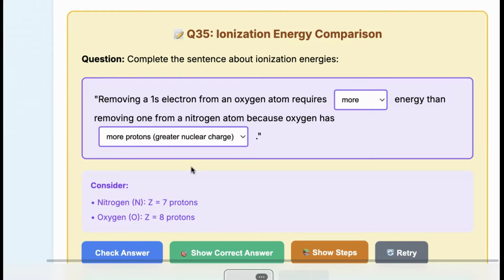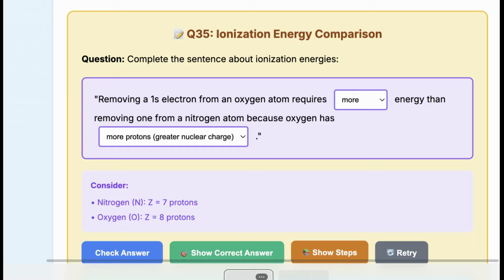You have to take care whether he's talking about core electrons or outermost electrons, because for outermost electrons there is an exception. Like we said, the oxygen actually is different from the nitrogen. It should be more than the nitrogen, but it is less. But for inner electrons, there is no exception. The oxygen atom requires more energy, so it is not less, it is more, because there are more protons and greater nuclear charge.